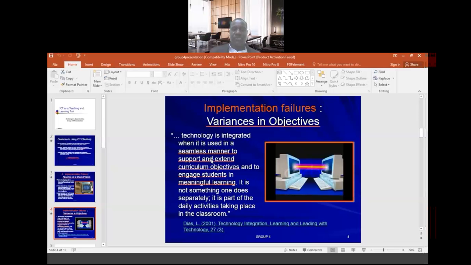Okay, so it should not be running parallel to what the teachers do on a daily basis. Otherwise, if it runs as a parallel process, then definitely it will always run into problems.